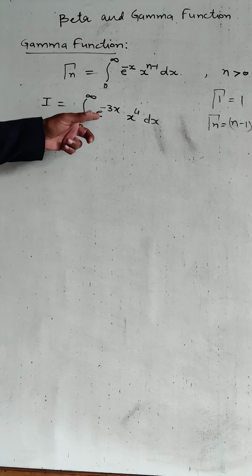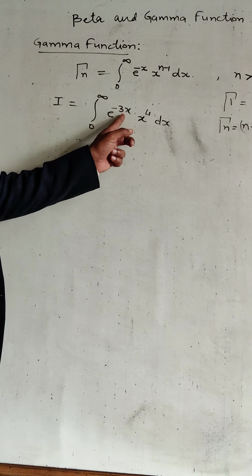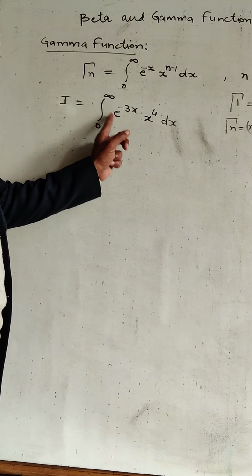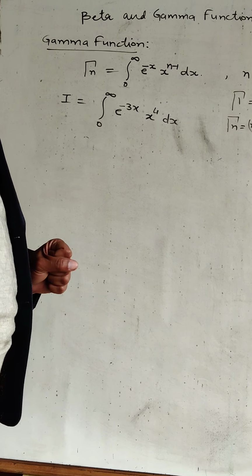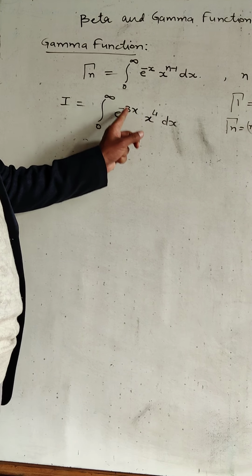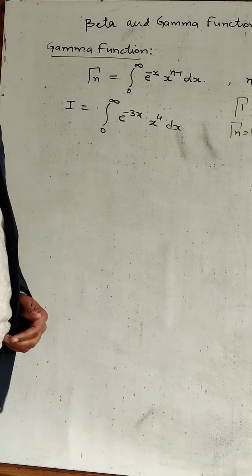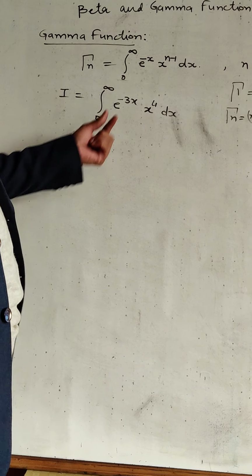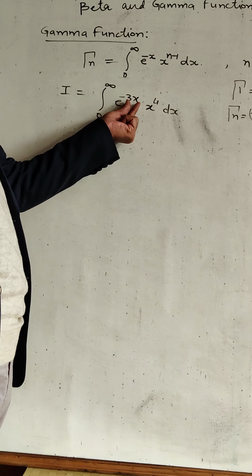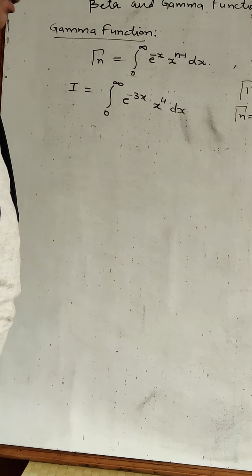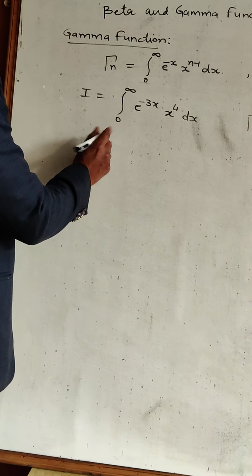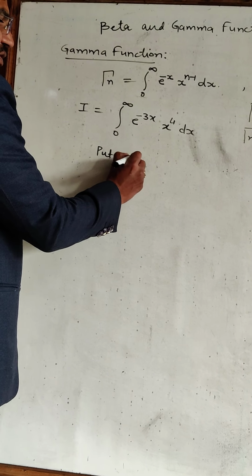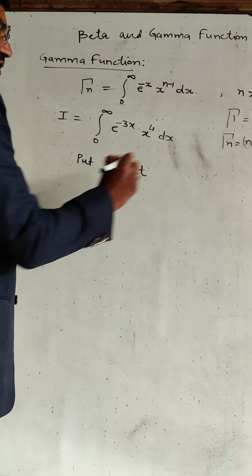Again the same thing. We have to always keep an eye on the power of the exponential function. There must not be any multiple or power of the variable. If there is some multiple or power of the variable, then we have to remove that by substitution. So what would be the substitution here? Here the substitution would be 3x is equal to t.